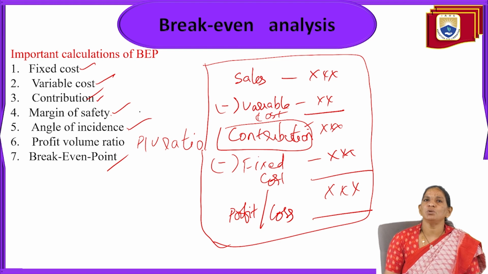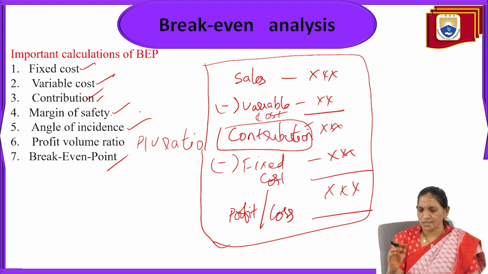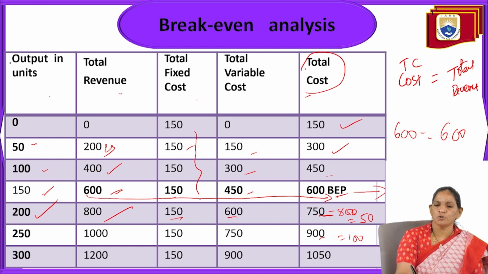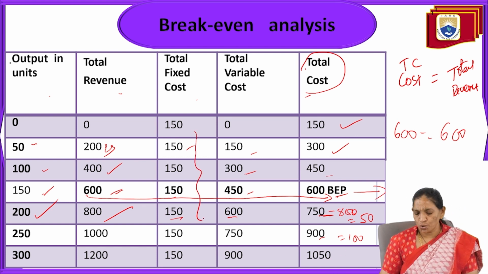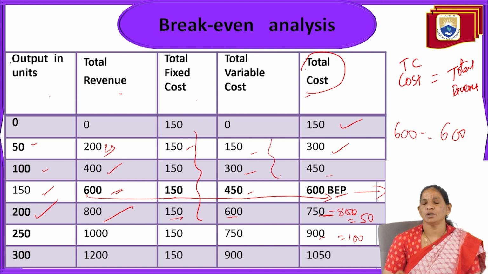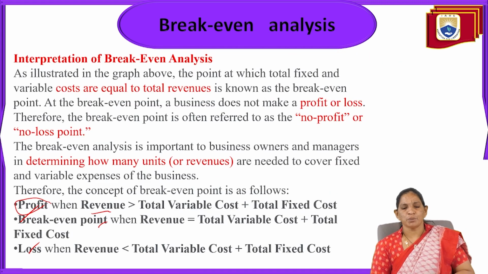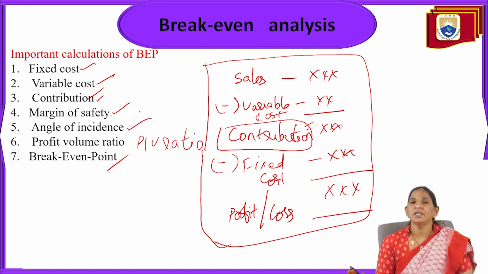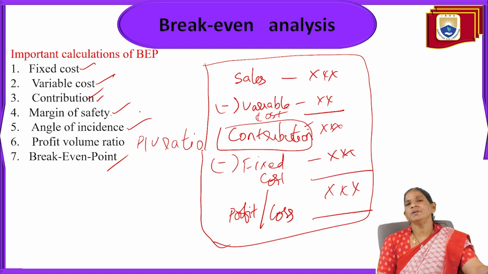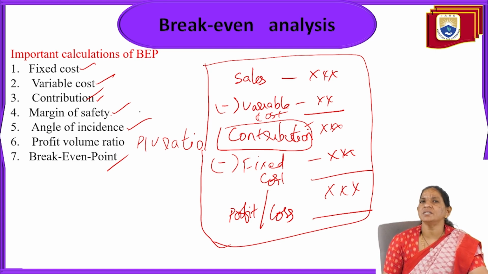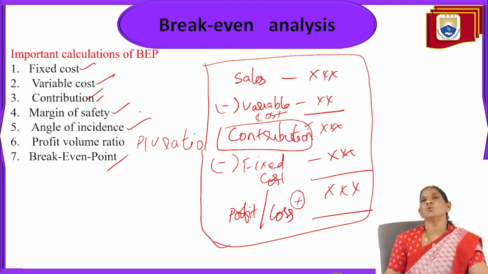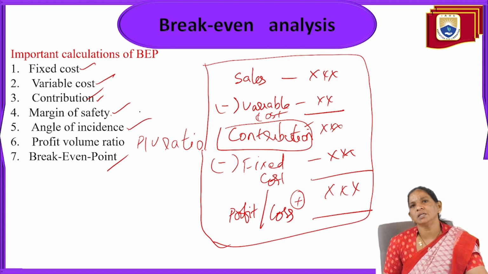Once we achieve the contribution, the fixed cost is common, as we identified in the above table, and it doesn't change. Only the variable cost changes, so we consider only the variable cost. After removing the fixed cost, if there is an excess, the revenue is more and we get a plus figure, then it is a profit.